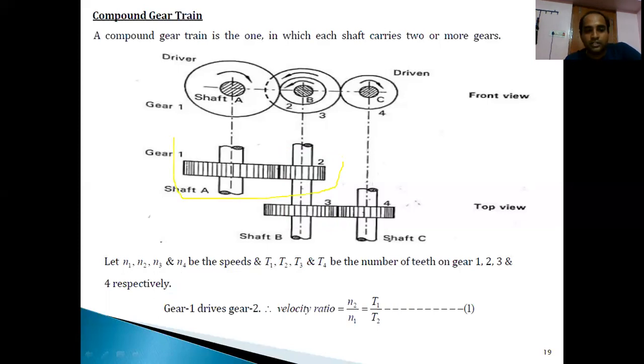This is the first combination, gear 1 and 2. Gear 1 is driving gear 2. Gear 1 rotates in the clockwise direction, gear 2 in the anti-clockwise direction. So the velocity ratio is N2 by N1 is equal to T1 by T2. This is equation number 1.